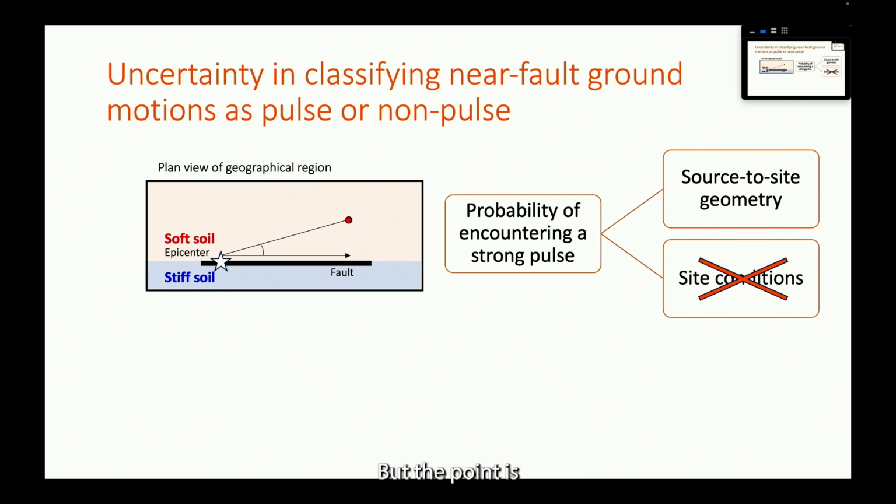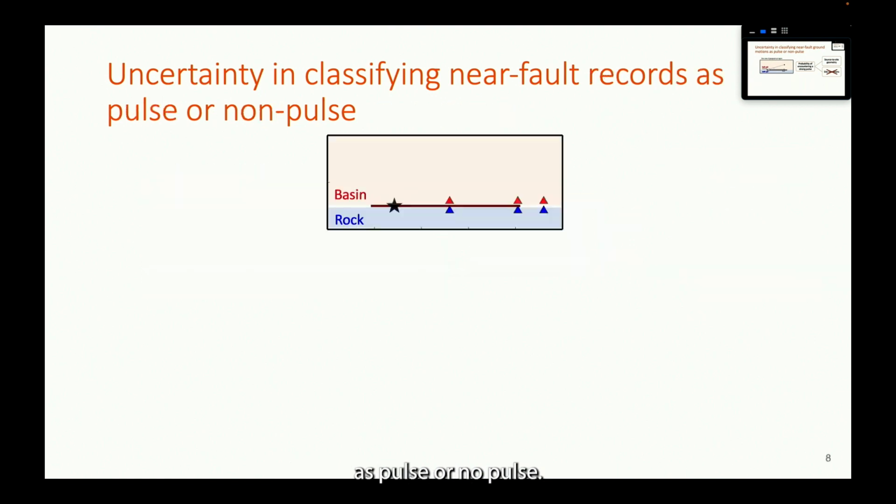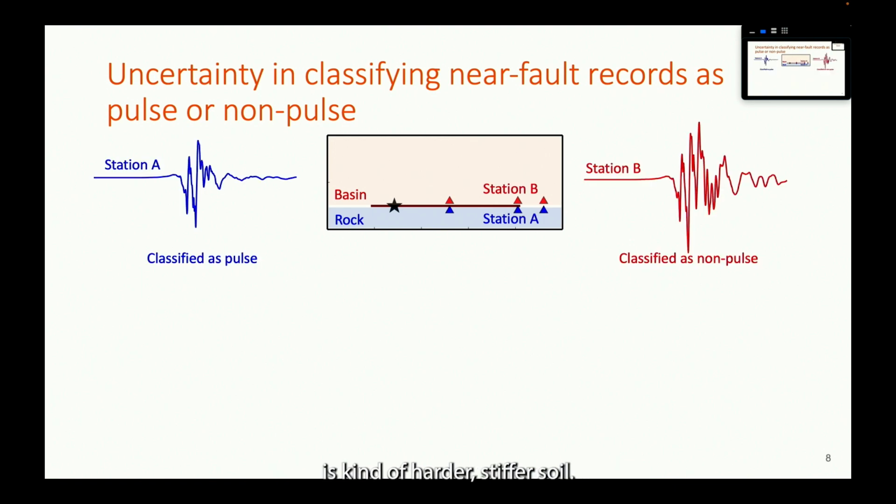But the point is, when you don't take into consideration the site conditions, it turns out you may actually discount important effects and not see what you're expecting to see in terms of classifying ground motions as pulse or non-pulse. And so I'll give a little example on that. So in this domain where we have a soft soil at the top there, and then at the bottom where I have rock, this is kind of harder, stiffer soil.